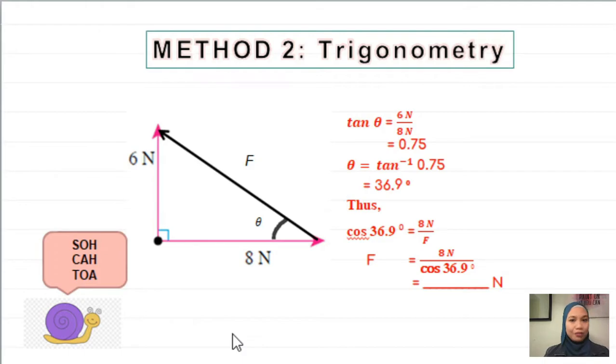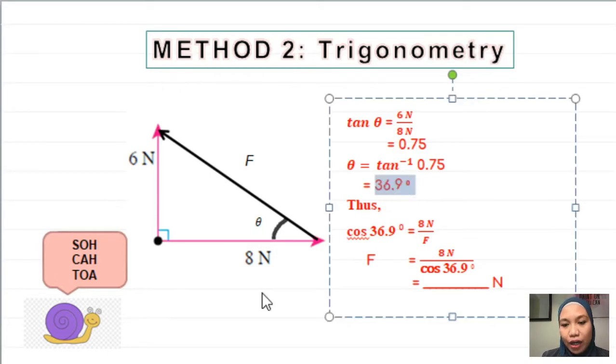I don't have to remind you of this, right? So we have the angle here, from the head of the first force to the head of the second force. You make a line, and then you find the angle theta here. So we get the angle will be 36.9.